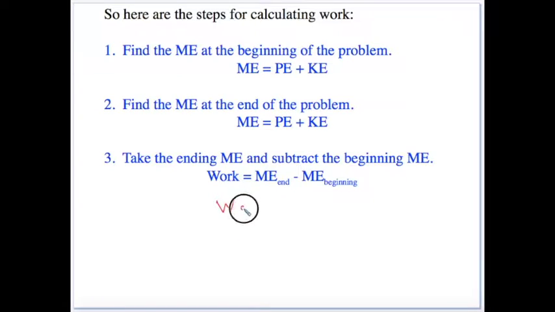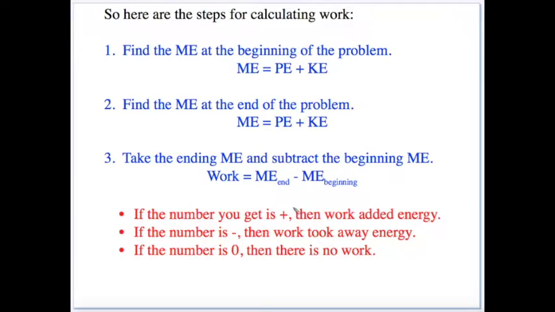As physicists, we like to write this change in mechanical energy like delta. It's always the final minus the initial. Now, if you get a positive number, that means work was added.